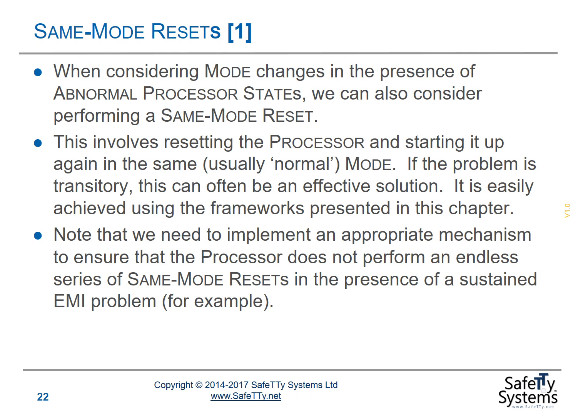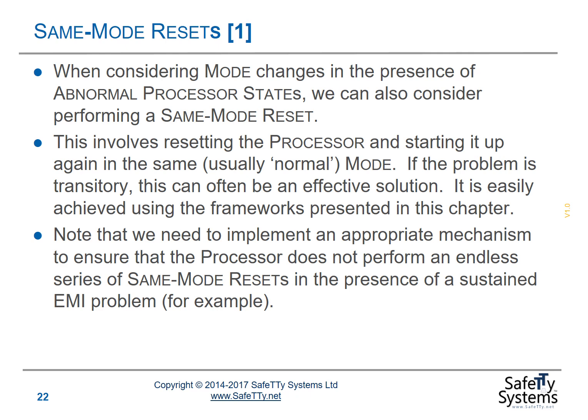If the problem is transitory, this can often be an effective solution. It's easily achieved using the frameworks presented in ERS2 Chapter 8. Note that we may need to implement an appropriate mechanism to ensure that the processor does not perform an endless series of same mode resets in the presence of sustained EMI, for example.